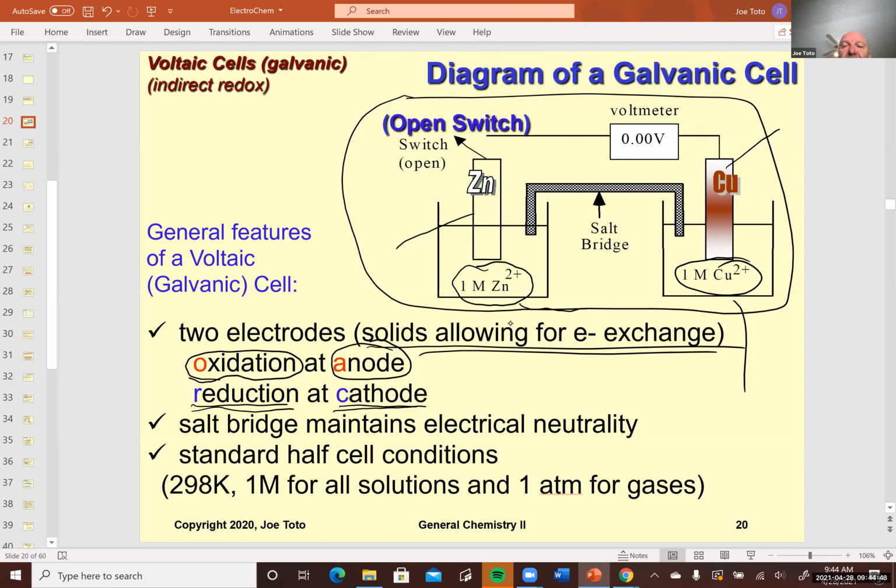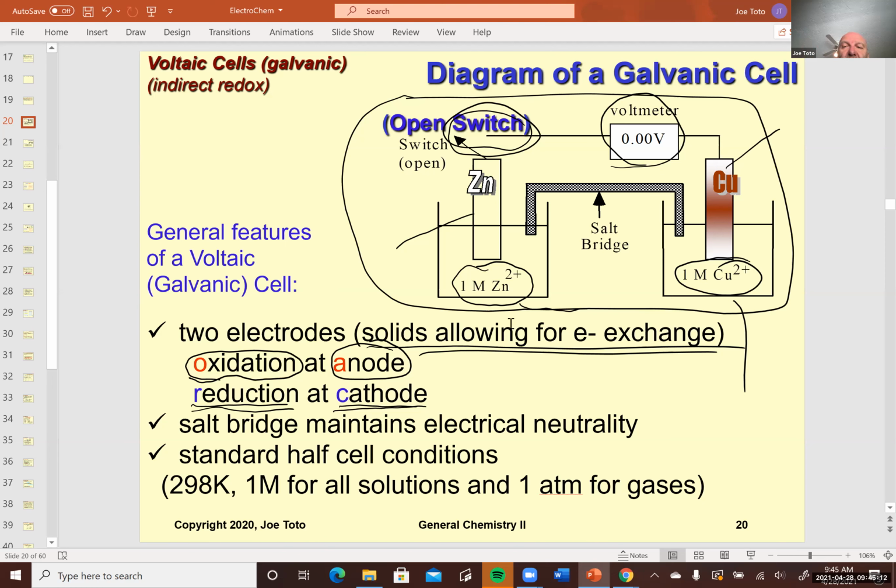You see the voltmeter reading here is 0 at this time. So what we can do is we can weigh these electrodes before we close the switch. Now, once this switch here is closed, we connect the wire and everything's set up.